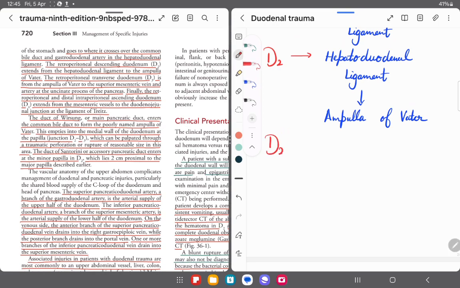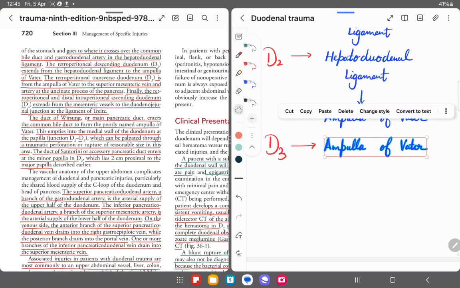Then we have D3. D3 extends from ampulla of Vater to superior mesenteric vein and artery at the uncinate process of pancreas.